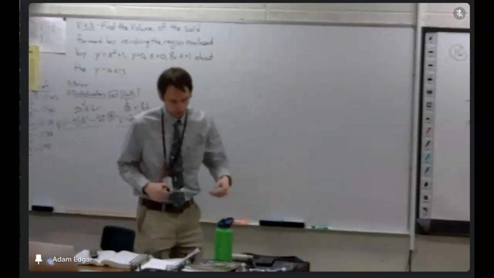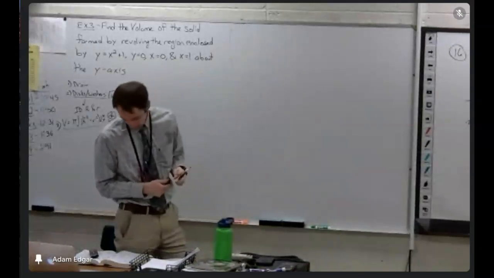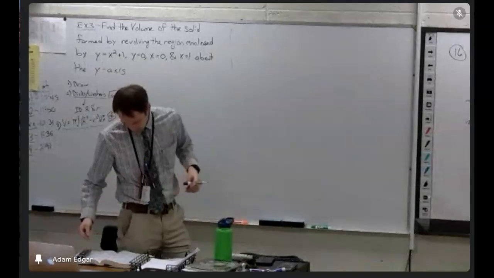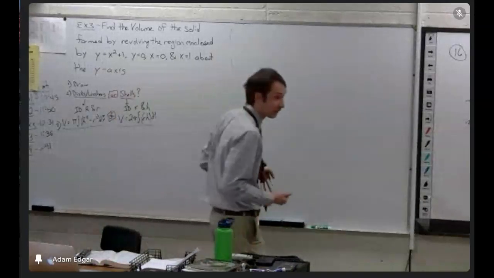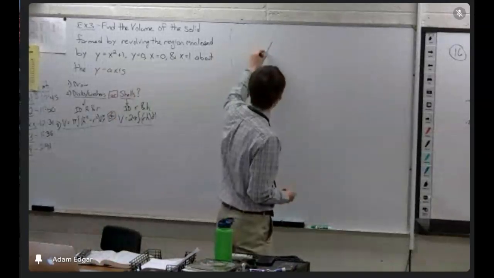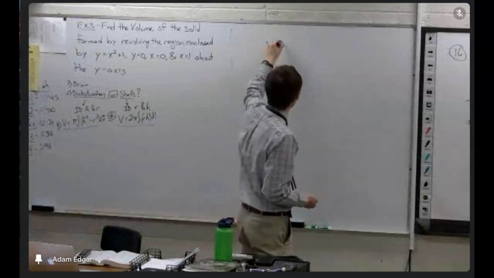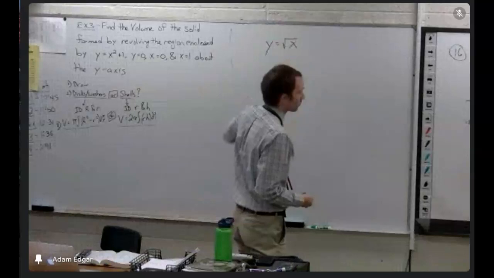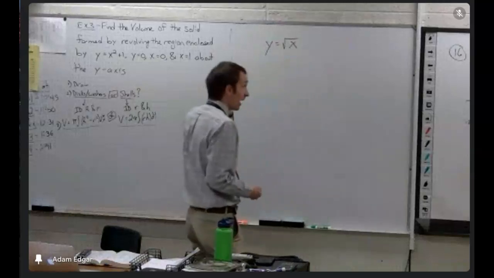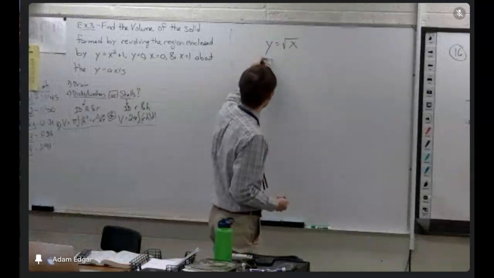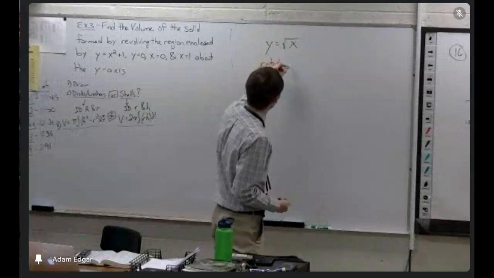Yeah, so I'm going to try to make something up and see how this goes. I'm not saying this is going to go well. Why don't we just use y equals root x and rotate. And let's give this bounds.